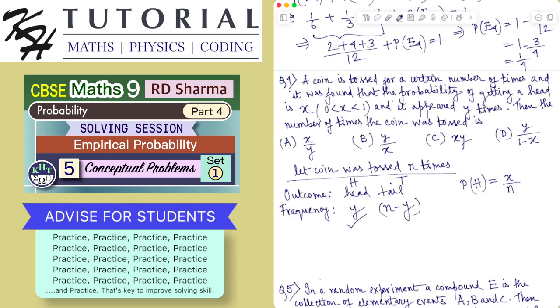So now, when a coin is tossed, the probability that it will be head will be Y by n.